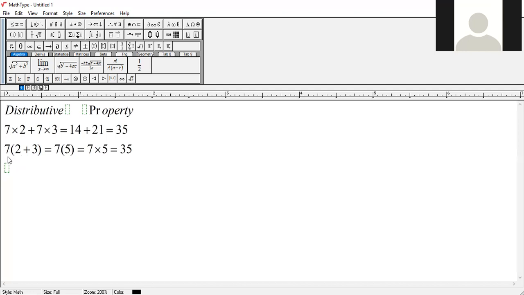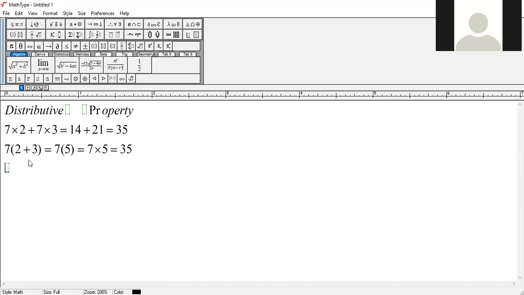Now when we add 2 to 3, we get 5. We keep the 7 outside the bracket. But later when we multiply this 7 by 5, because 7 with 5 inside the bracket means 7 times 5, this gives us 35. What we are trying to say here is that at the end of the day, what we have got here gives the same value.